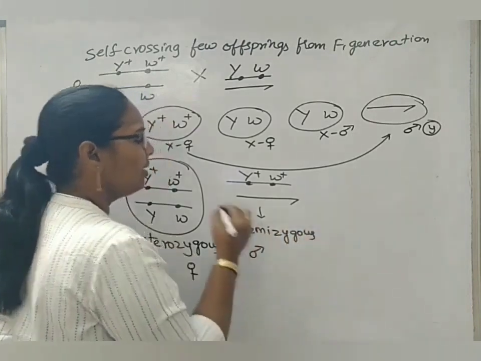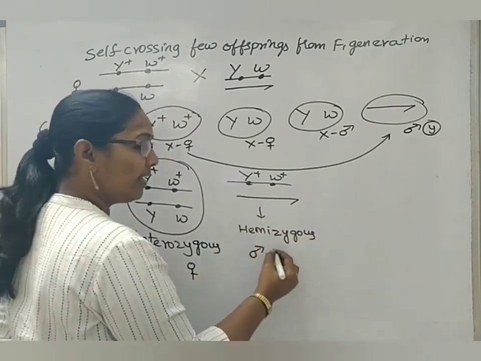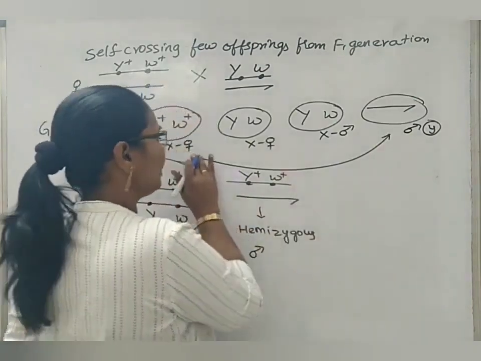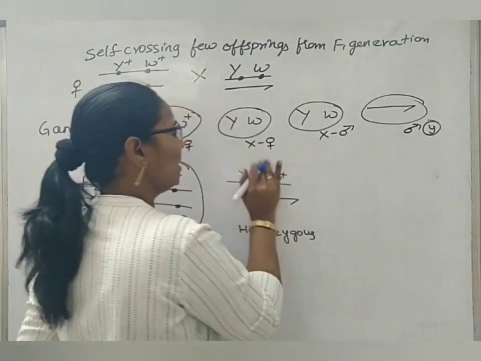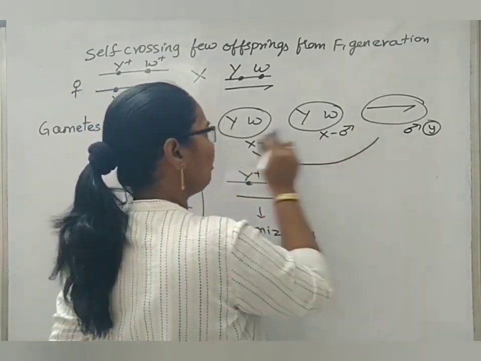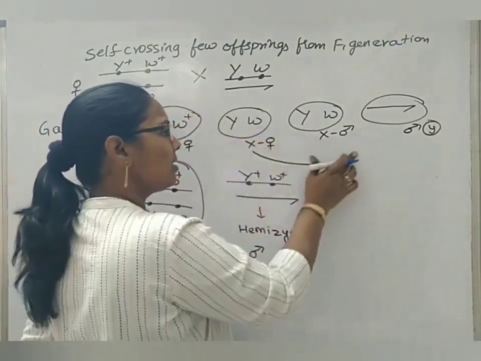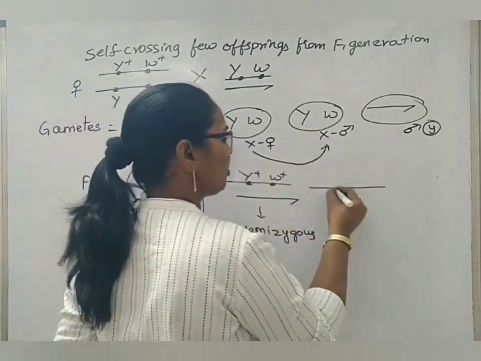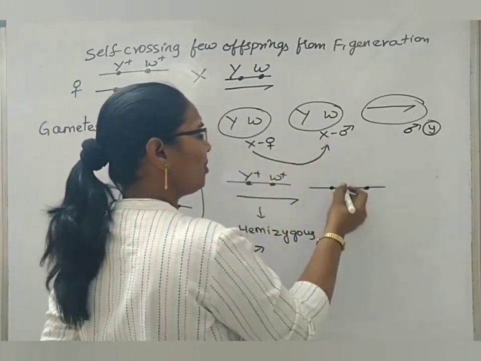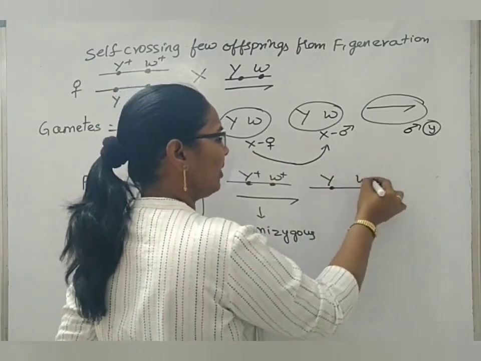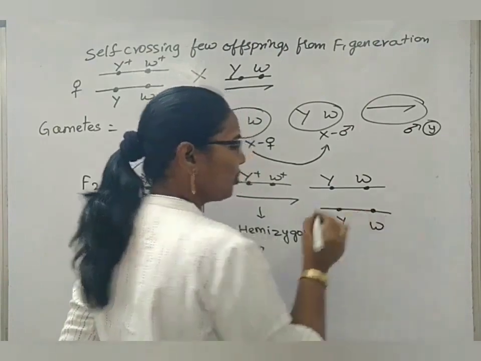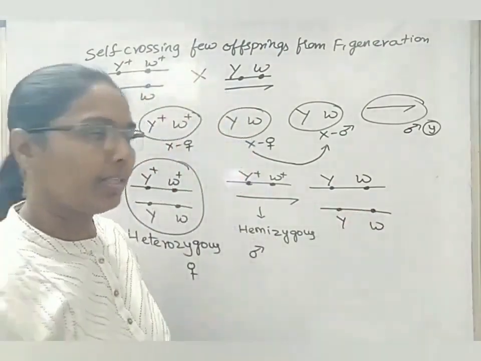A hemizygous male, but here it is red-eyed only. Next, another combination. The X chromosome of a female, but here purely recessive alleles only. When it is crossed with the X chromosome of the male, we get this combination, meaning on both chromosomes the alleles are of recessive type.